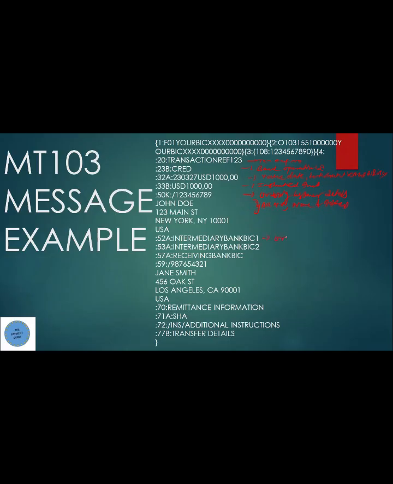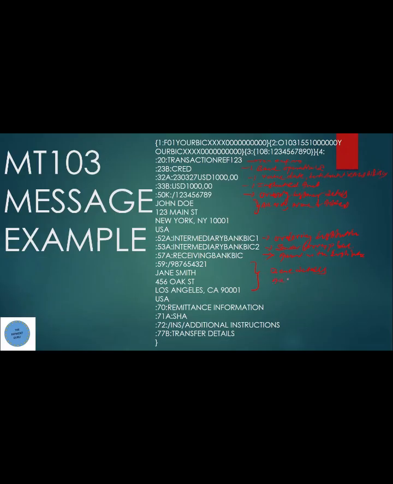Likewise, 52 is the ordering institution, the bank where the ordering customer holds an account. 53 is the sender correspondent bank. And 57A is your account with institution. 59A is your beneficiary details.